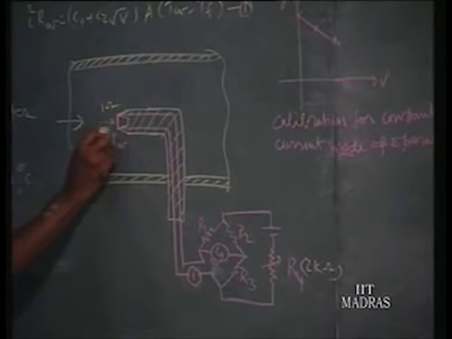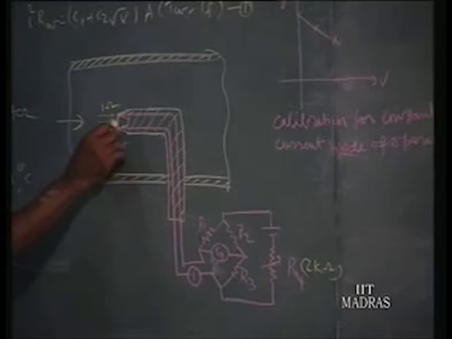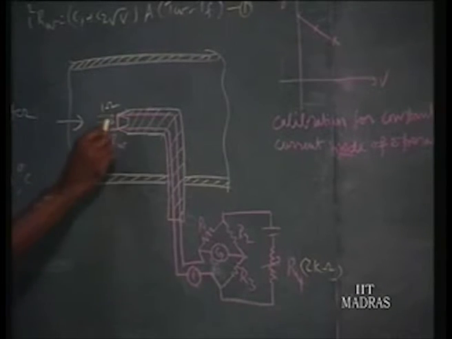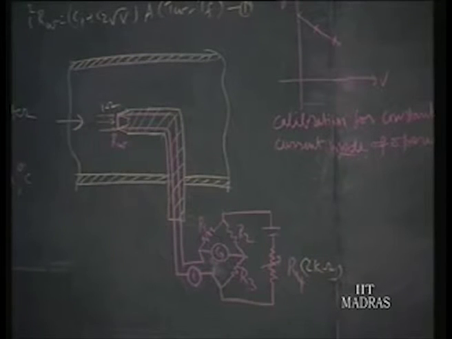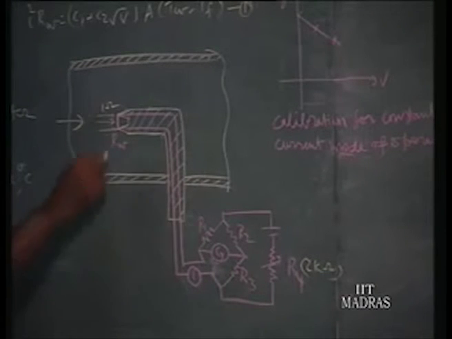Whenever the flow is there, heat is dissipated from the wire to the flowing medium. So, this is the wire, its resistance changes depending upon the flow velocity. That resistance forms part of a 4-arm Wheatstone bridge, where each other arm will be of the same order of 1 ohm.